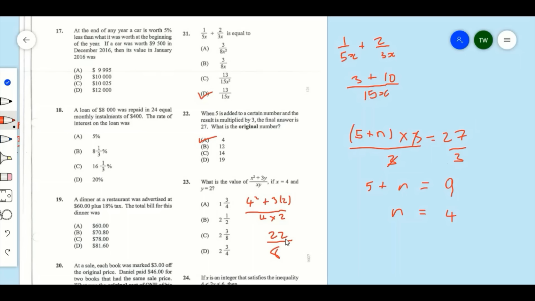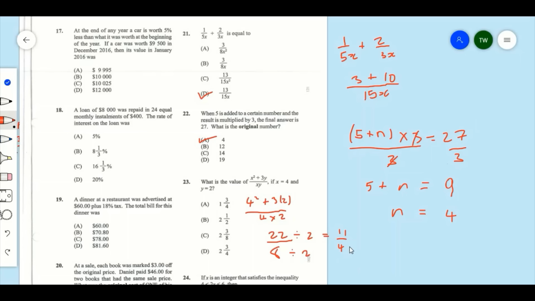Now, both 22 and 8 can be divided by 2, so we're going to divide the numerator by 2, and the denominator by 2. So if you divide the numerator by 2, we're going to get 11 over 4.